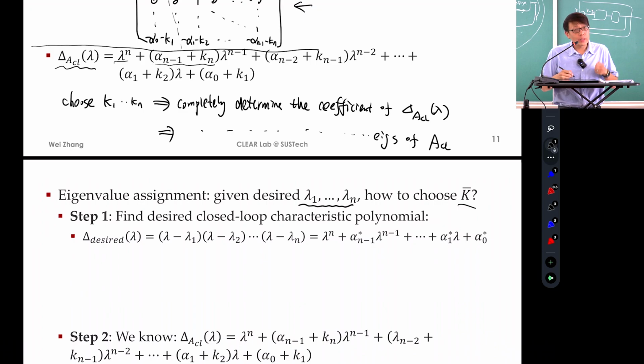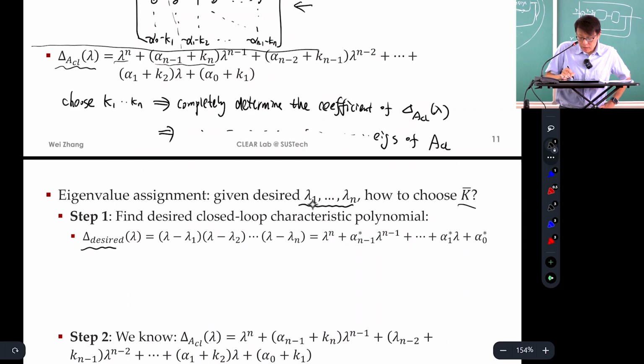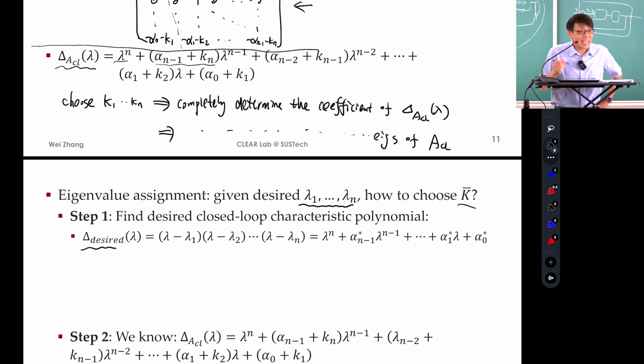First of all, we need to find the characteristic polynomial of the desired closed loop system. Because what we want is for the closed loop system to have lambda 1 up to lambda n, that immediately determines the desired characteristic polynomial of the closed loop system.